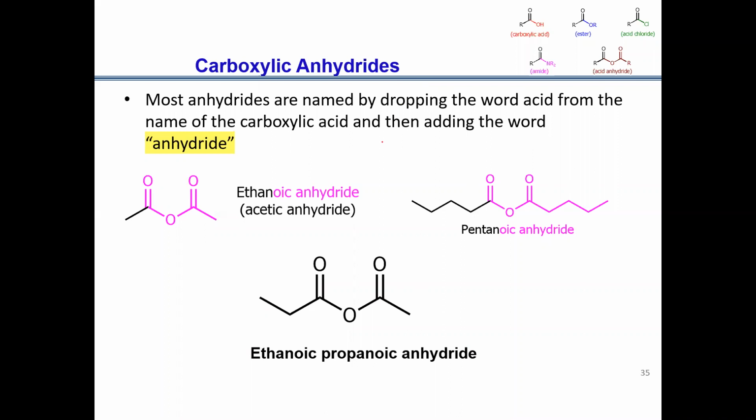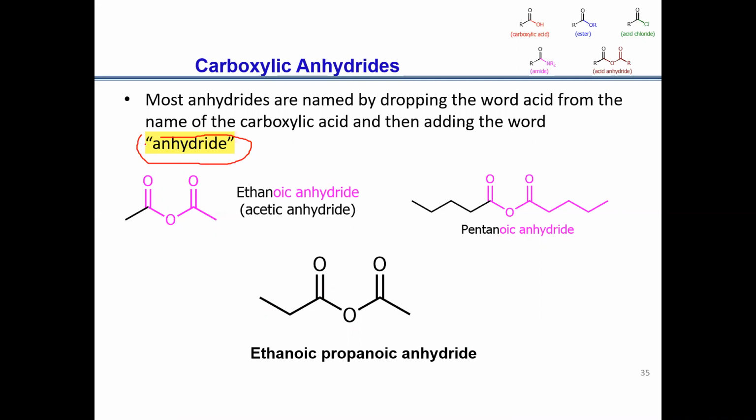So anhydrides. Again, they are derivatives of the carboxylic acids. Sometimes we call them just anhydrides, sometimes carboxylic anhydrides. In the nomenclature, we use the word anhydride with the carboxylic acid name.